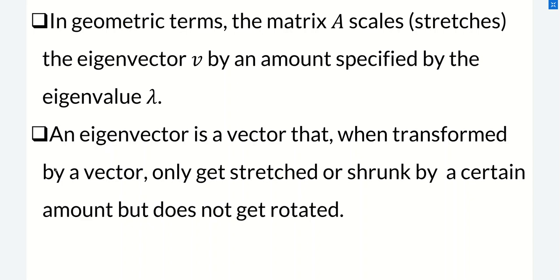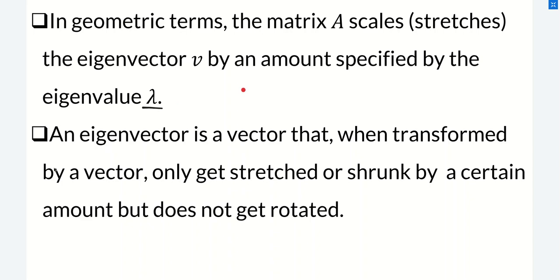Right. So in geometric interpretation, what we are talking about is that the matrix A scales or stretches the eigenvector by an amount specified by the what? By the eigenvalue. So what the transformation is doing is stretching the vector by some amount, and that amount is specified by the eigenvalue.